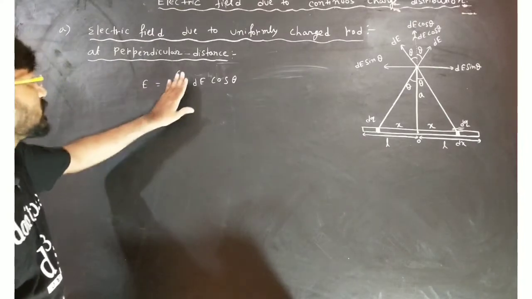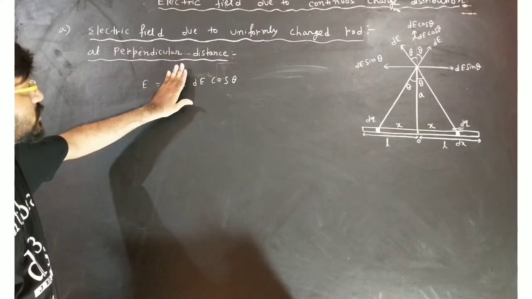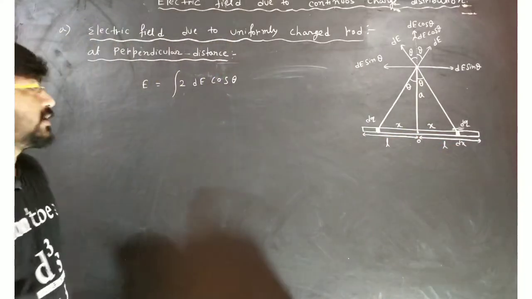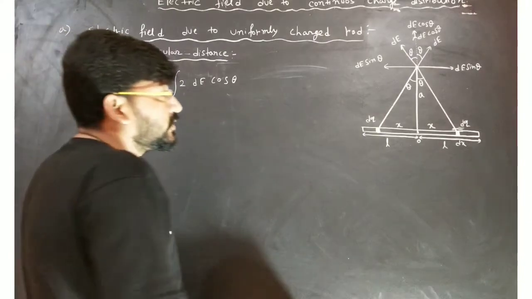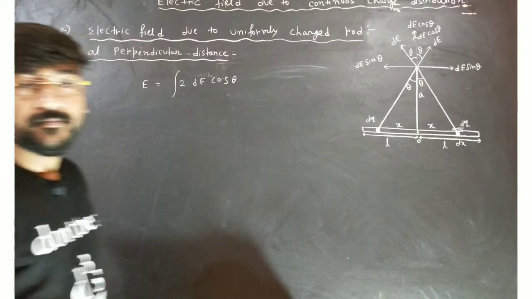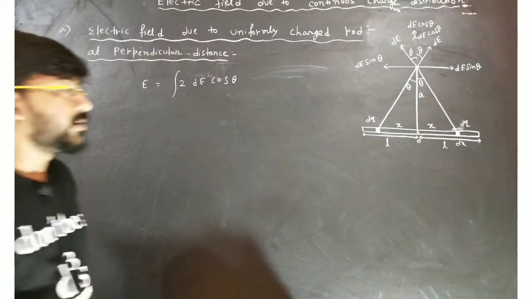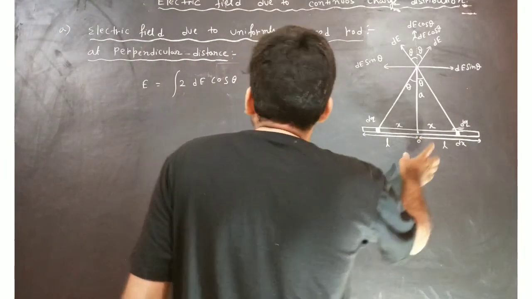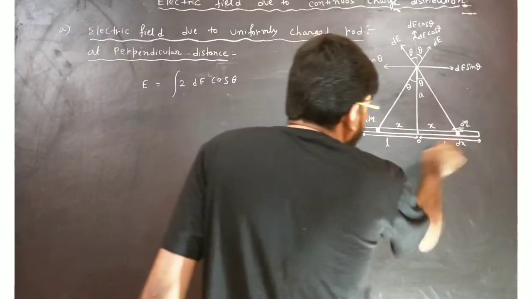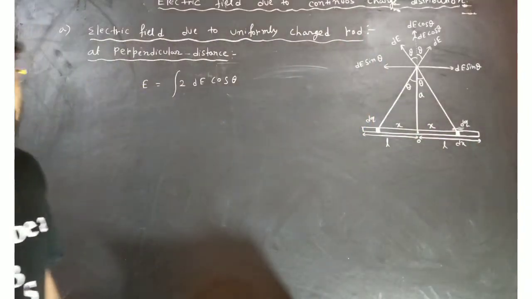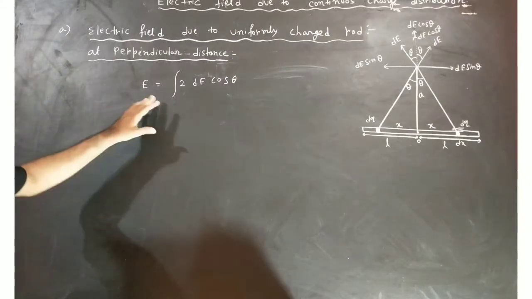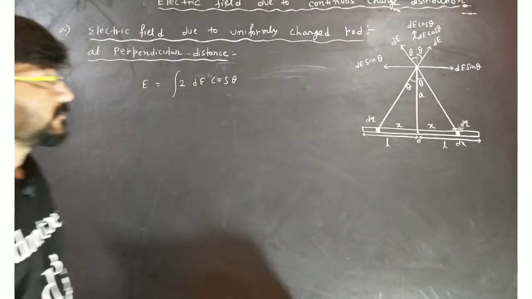If you use only dE cos theta, then the limit will be from minus L to plus L. But if you take 2 dE cos theta, then you just have to vary from 0 to L, because this side and this side are similar from a geometrical point of view. That will give the total electric field at this point P. So the electric field at P is the integration of 2 dE cos theta.